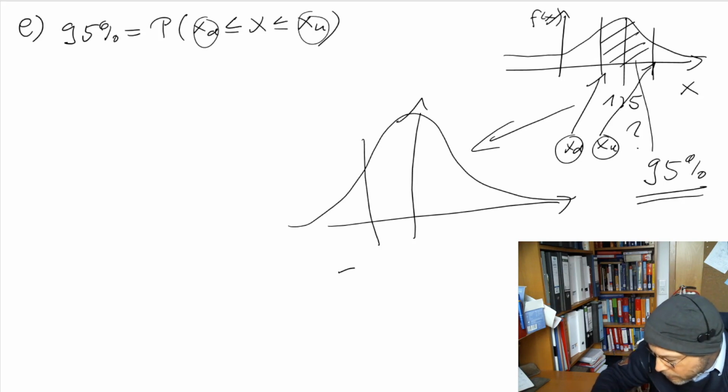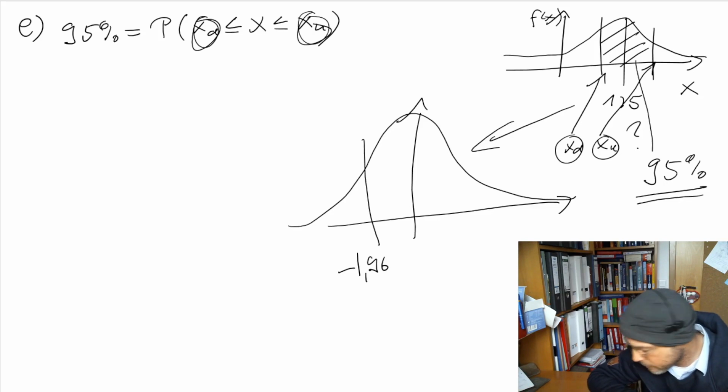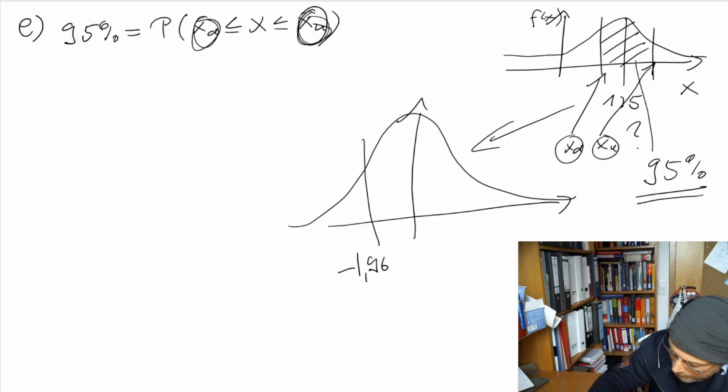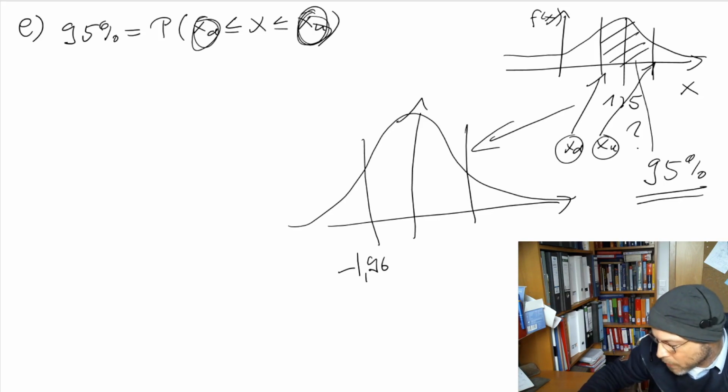And here we know minus 1.96, and now you can already work out in the background, because we are quite late, what these numbers x down and x up are, plus 1.96.